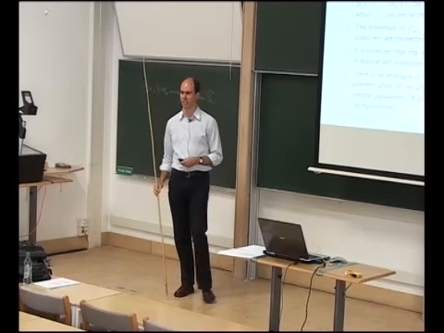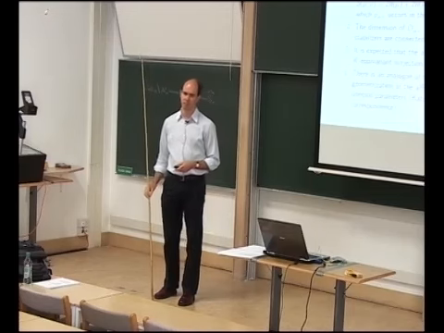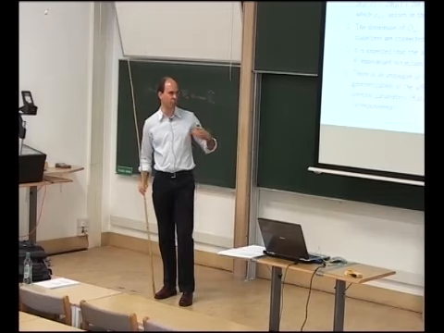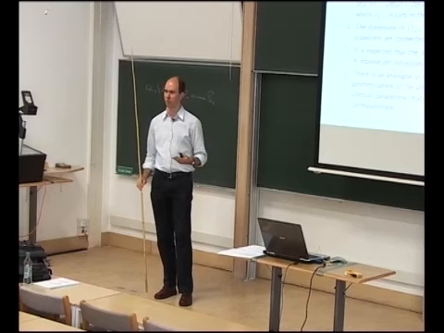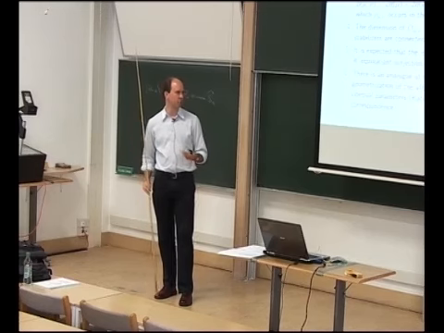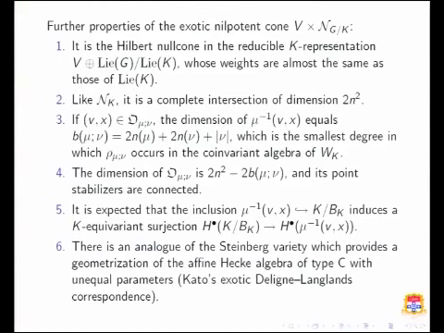And finally, this is a major topic to be cramming into one point on this slide. This was actually Kato's real motivation: he was able to use this cone to construct an exotic Deligne-Langlands correspondence. So there's not only a nilpotent cone, there's also an analog of the Steinberg variety. If you consider the appropriate equivariant K-theory of that Steinberg variety, you get a geometrization of the affine Hecke algebra of type C with unequal parameters.